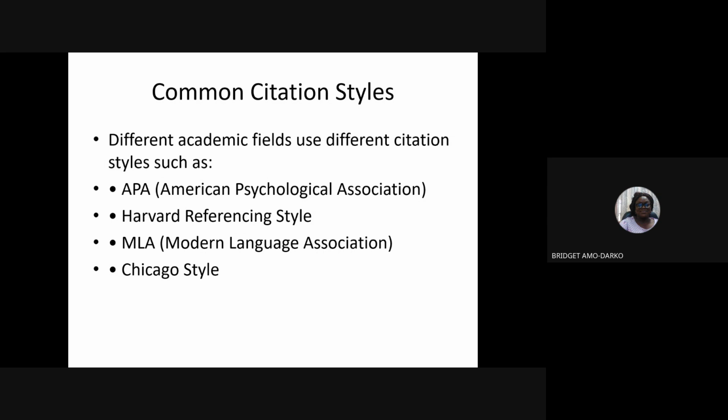This APA style has its own features, unlike the Harvard, the Modern Language, and the Chicago style. But we are strictly using the APA style. So keep in mind, UCC is using the APA style. Whenever you start any academic writing, you have to use the APA style.